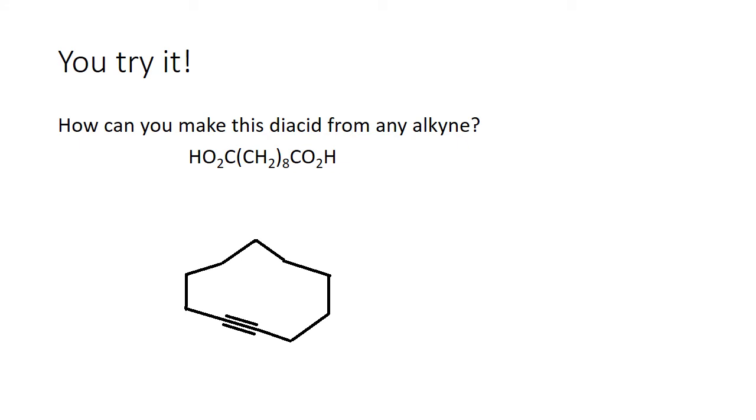See, there's 10 carbons altogether, and if I count these, you will see 1, 2, 3, 4, 5, 6, 7, 8, 9, 10. All you'd have to do is add something that would do oxidative cleavage like ozone, or you could use potassium permanganate and acid.